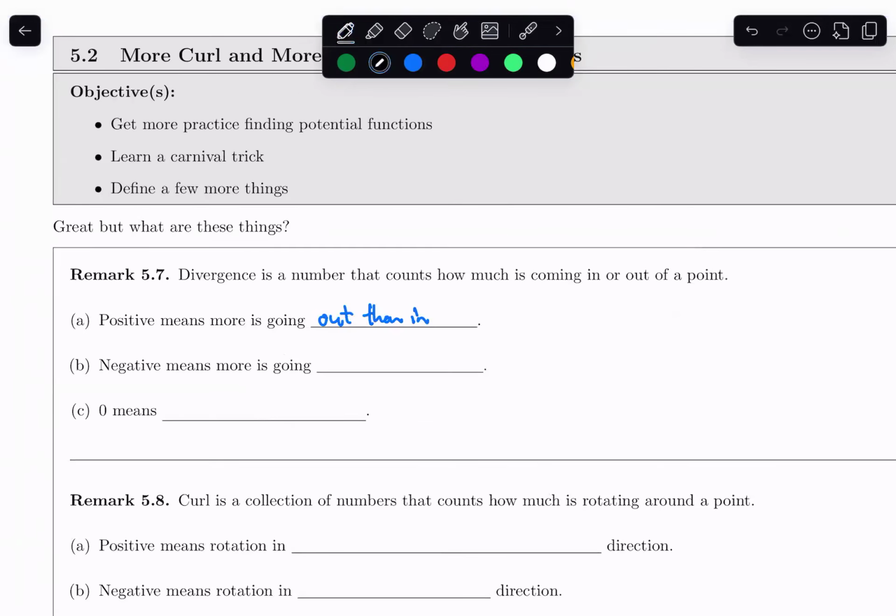So here's a point, and suppose we have some vector field, and maybe the vectors around this point look something like this. Maybe there's some coming in, but there's more coming out. And again, this is all related to the magnitude of these vectors, so how long they are. So here's a case where there are more vectors coming out of this point than coming in.